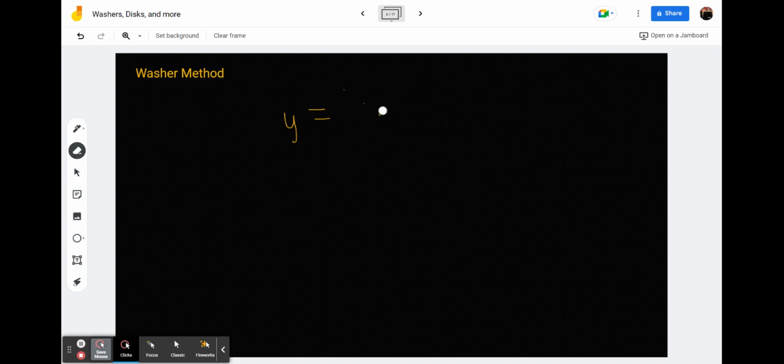Let's take a look at the question of, let's say we have two graphs. y equals root x, again the same one from the first problem we talked about, and y equals x. And we want to find the volume of the shape that is created when we rotate this around the x-axis.